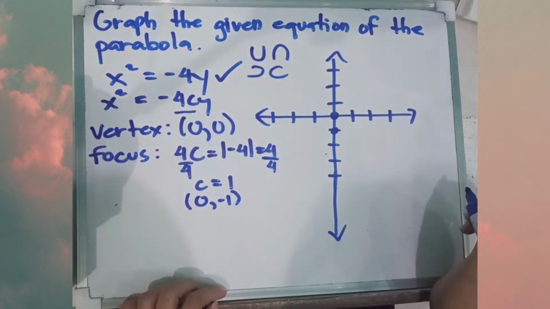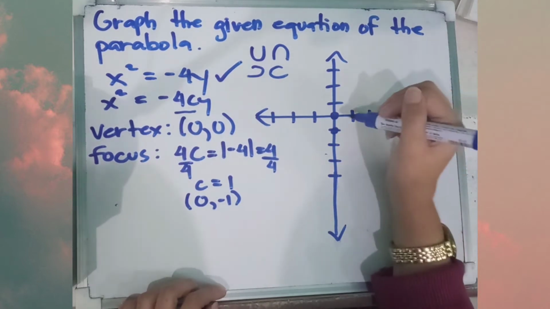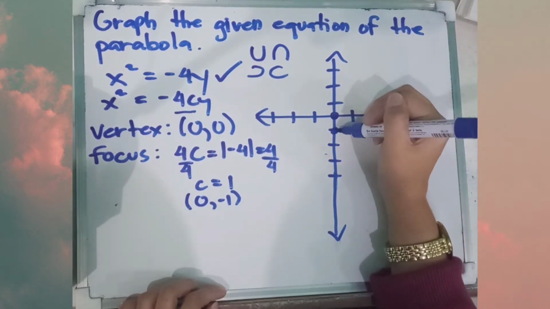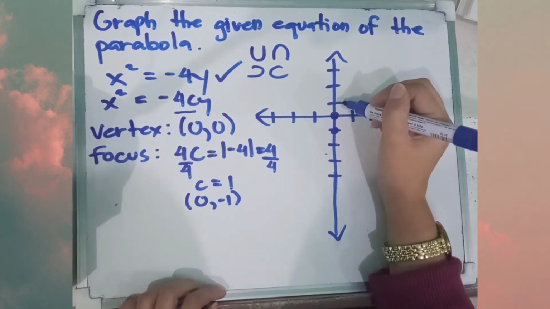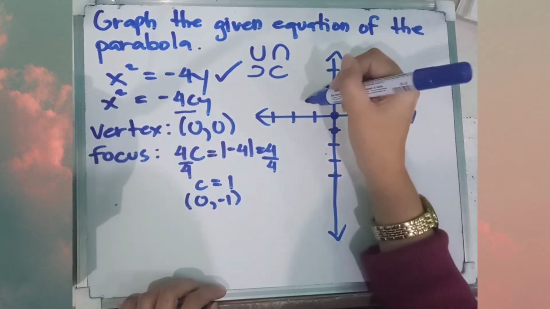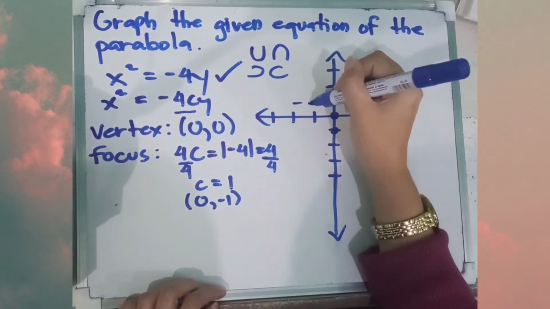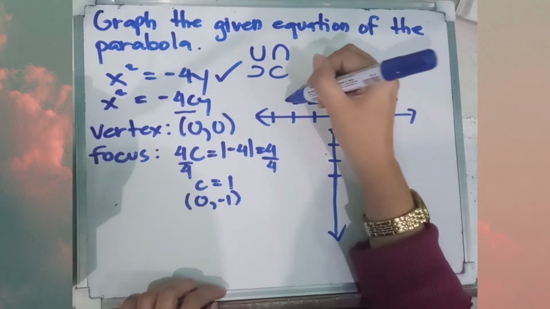So that's our focus. Since the distance from the vertex to the focus and the vertex to the directrix are equal, our directrix is this certain line.